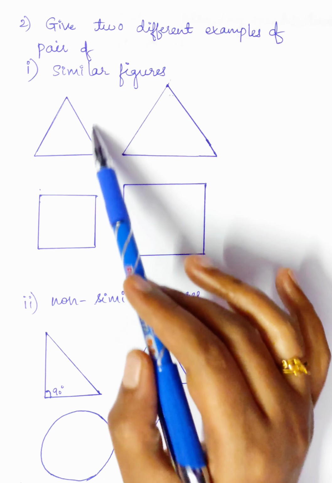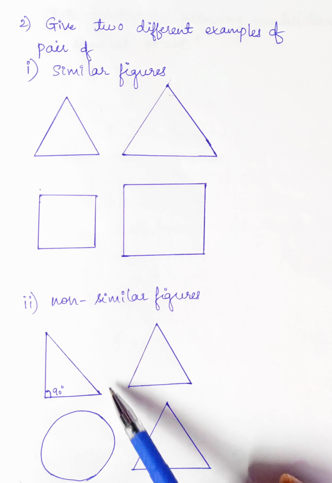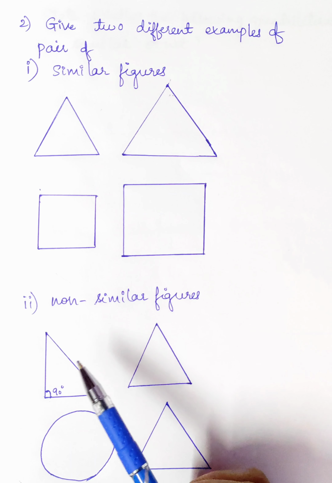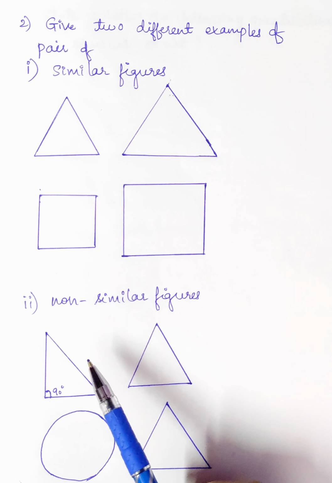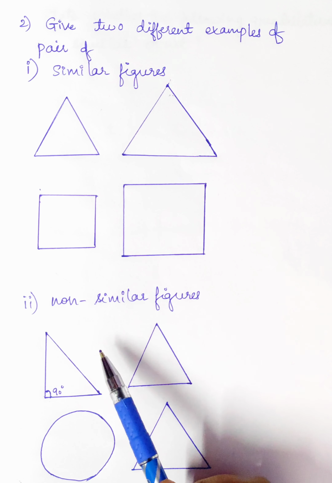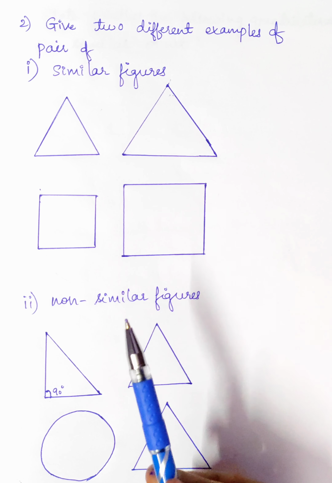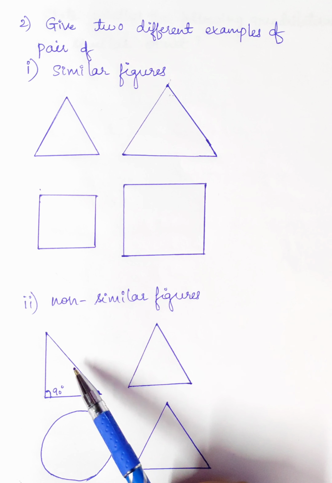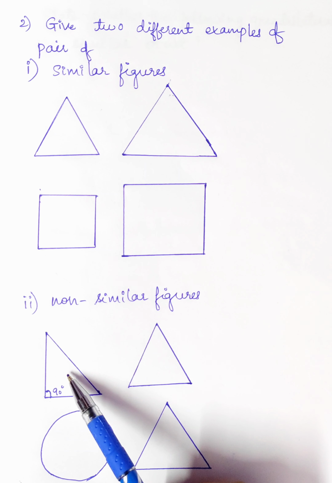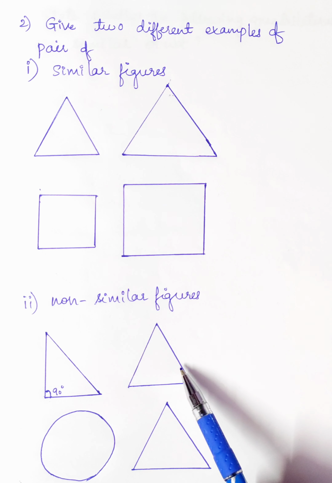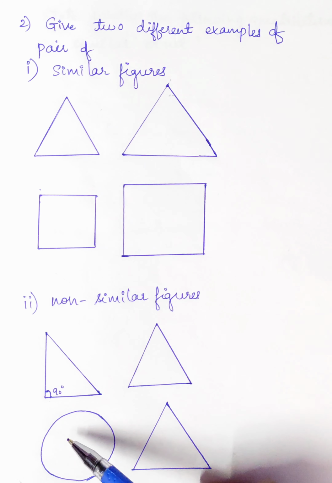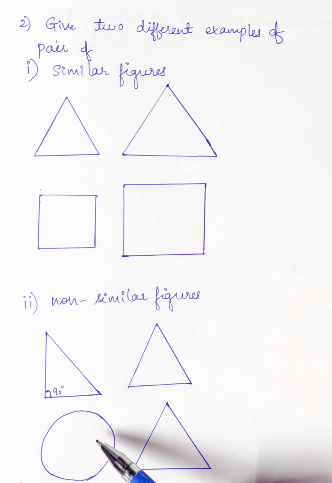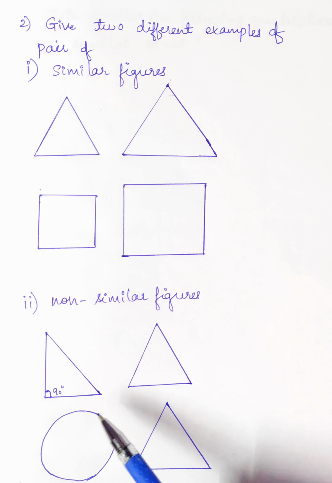Now I have given two examples of similar figures and two examples of non-similar figures. Another very important thing is the polygon. What is meant by polygon? It is a closed figure bounded by line segments. You can call this figure a polygon, triangle a polygon, square a polygon, but can you call a circle a polygon? No. Why? Because a circle is a curved figure, even though it is closed.